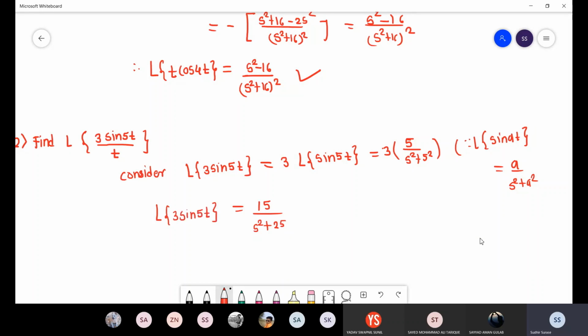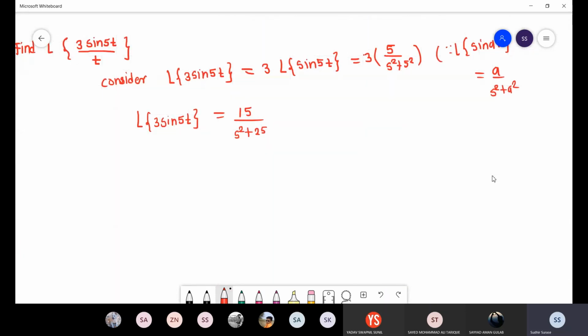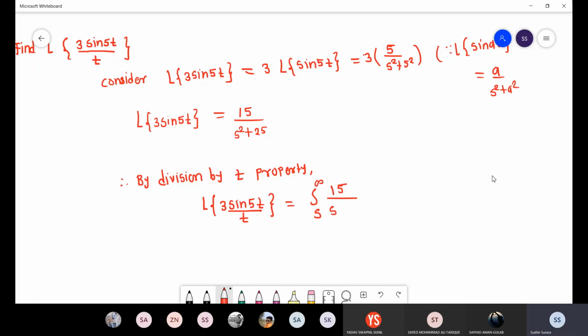But we want it divided by t, so by the division by t property, the division by t rule, we have the Laplace transform of 3 sine 5t whole divided by t, and on the right hand side we have to take the integration of this term: integral from s to infinity of 15 upon s square plus 25 ds.